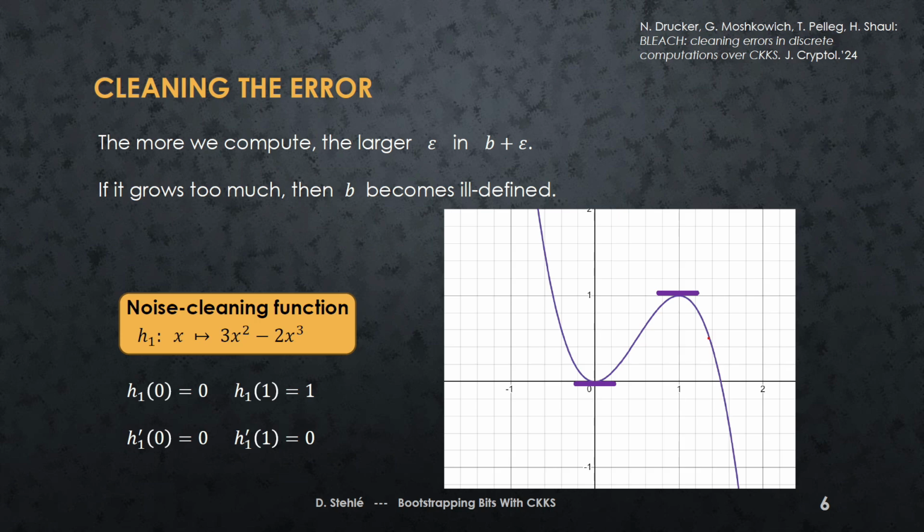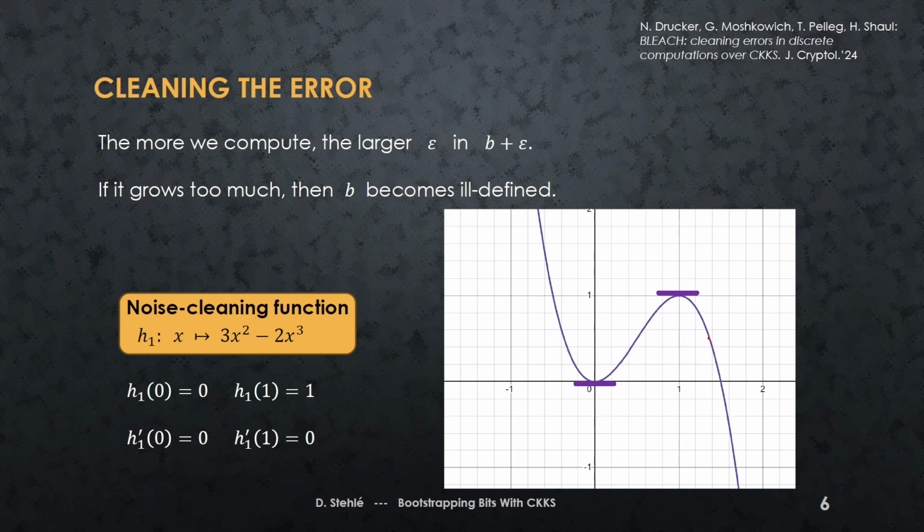So what they do to handle this is to use what they call a noise cleaning polynomial or noise cleaning function, which is 3x^2 minus 2x^3. So it's a funky way to evaluate the identity function, because it maps 0 to 0 and 1 to 1. But interestingly, the derivative at 0 and the derivative at 1, these two derivatives are 0.